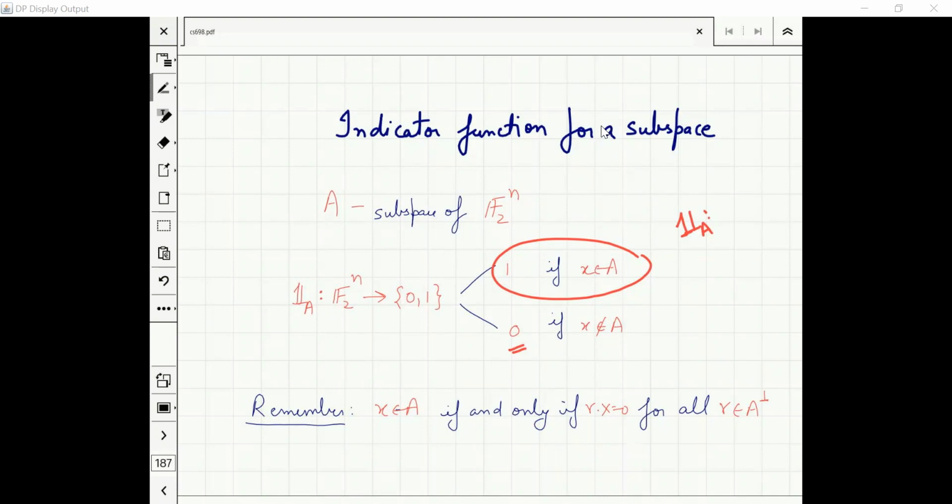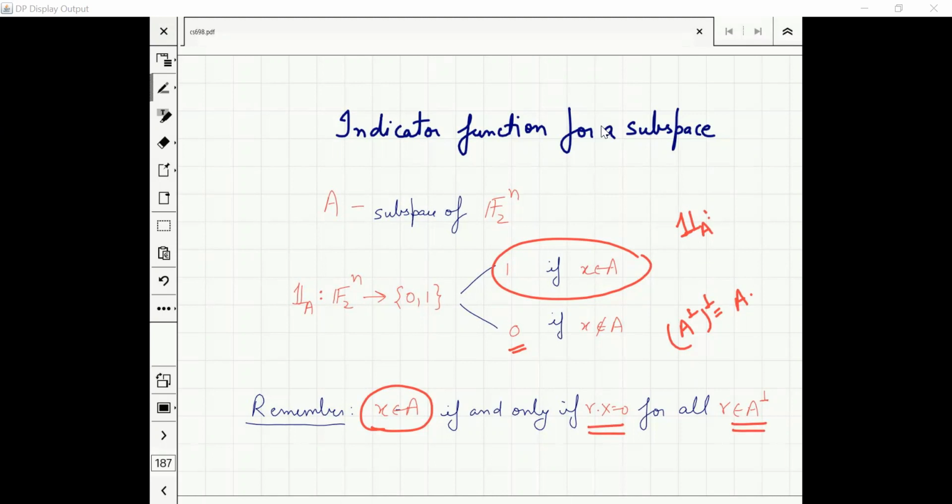Now, knowing that A perp perp is equal to A, remember that x is an element of A if and only if it has 0 inner product with every element of A perp.